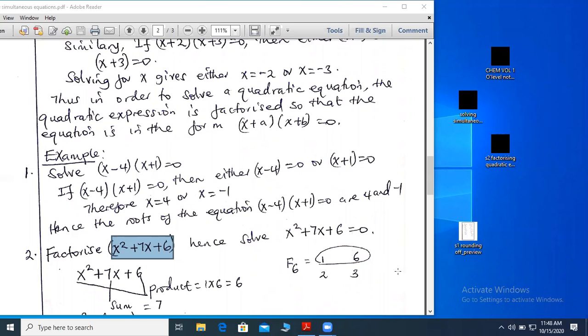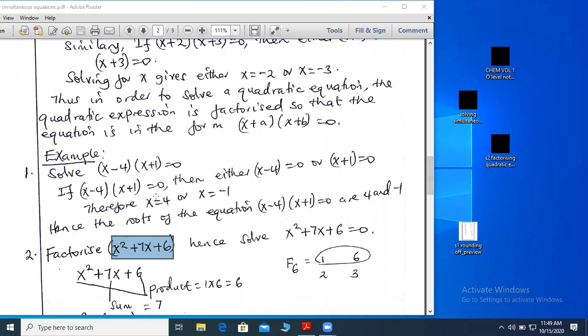Immaculate, can you tell us what we do with the factors now? Tell us the next step after getting the factors as 1 and 6. We shall write x squared plus, in brackets, 1 plus 6, close brackets, x, then plus 6 equals 0.